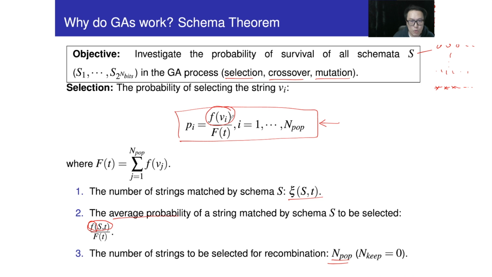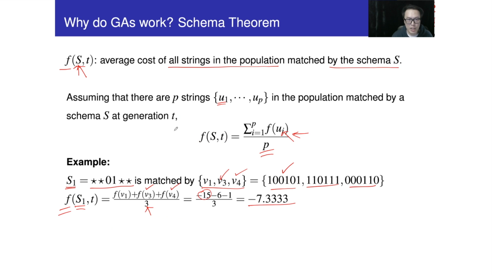This f, without t, is the cost of x we used before, the cost function, fitness function, or the objective function. This fs comma t has a different meaning: it is the average cost of s at iteration t, which I have explained right here.